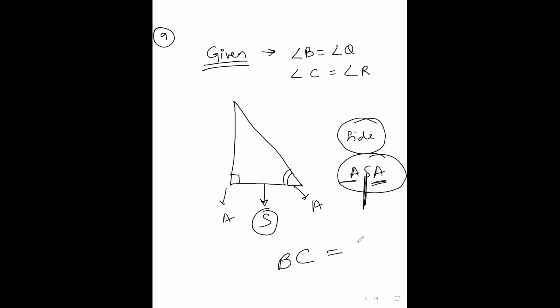Look at the other triangle and tell me. QR. Very good. Excellent. Which criteria did you use? ASA. Very good. But how did we get BC? Okay, Hiba, we have two angles. Just a sec.